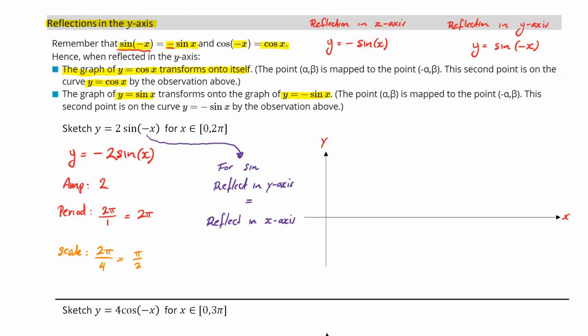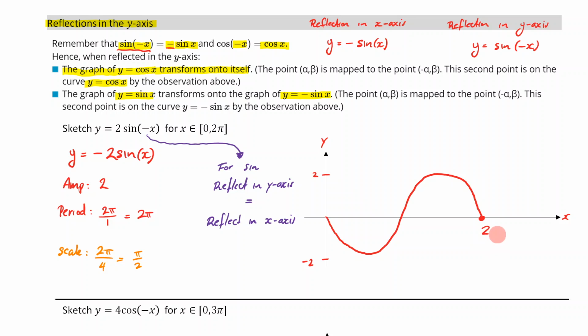Okay, now remember, I'm going 2 up, I'm going 2 down. This is negative sine. It's reflected in the x-axis, because remember, that's the same thing as reflecting in the y-axis for sine. So that means I'm going to go down, then up, then down. That's what it's going to look like.